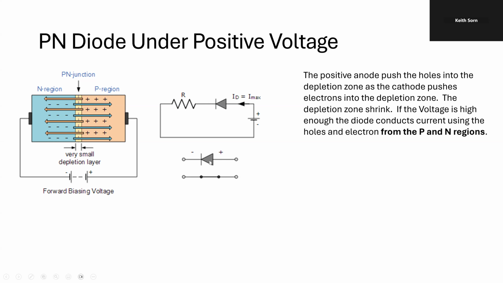This is the electrical symbol diagram for a diode, which will not let any current pass under low voltage, but under higher voltage, it will act just like a piece of wire. It'll let current pass unimpeded. What I would like you to note is that for the diode, the charge carriers are coming from the P and N regions themselves.